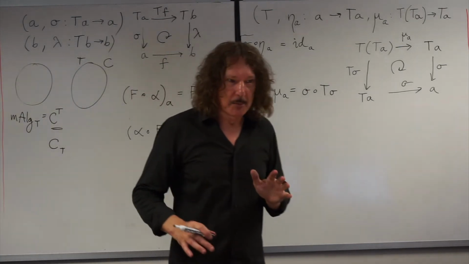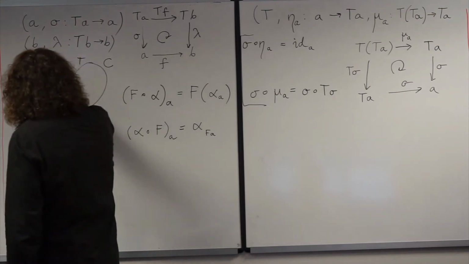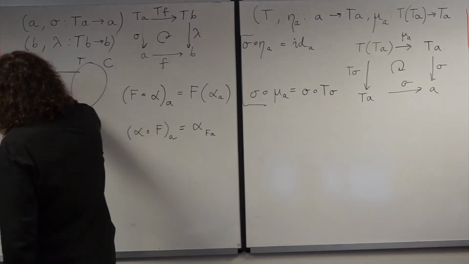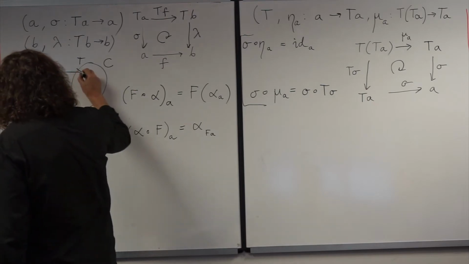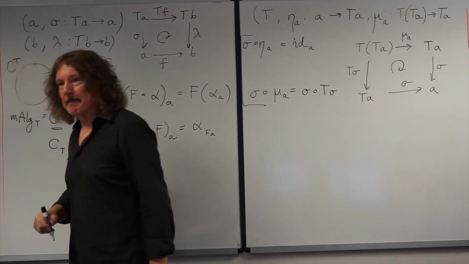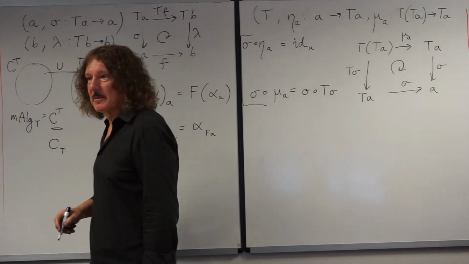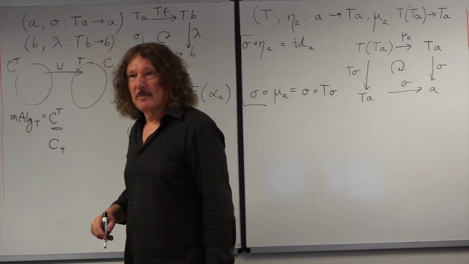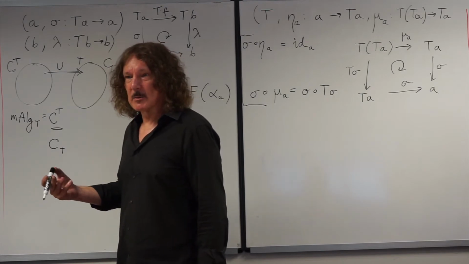Now we have to come up with these two functors. This is the category C^T of algebras. One functor is easy. We'll call it a forgetful functor because it forgets that it's an algebra.